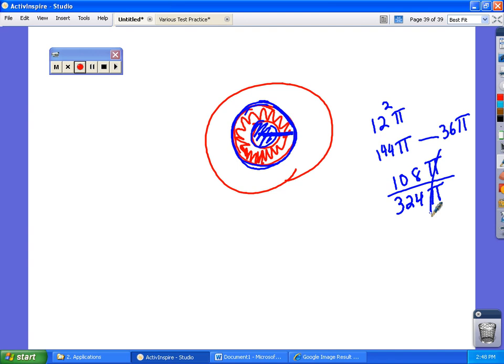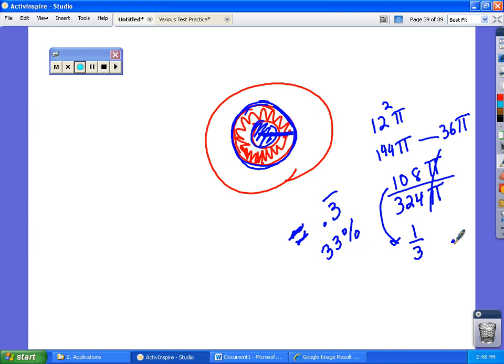And again, the pi's cancel out, so I can take 108 divided by 324, which is about 0.33, so I can say that's 33%, or I could have reduced this to 1 over 3. So there's a 1 in 3 chance of hitting that middle ring.